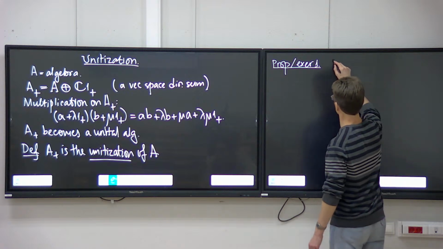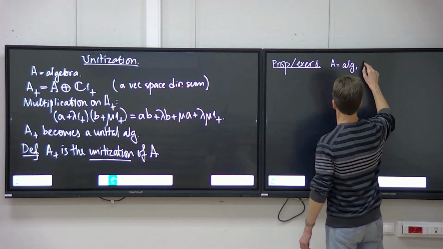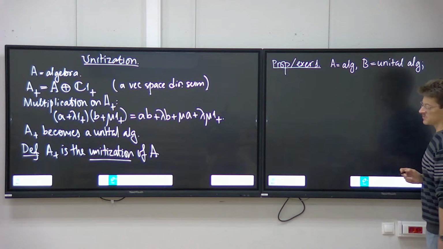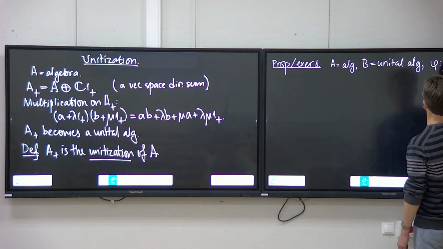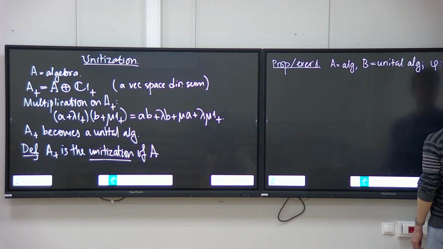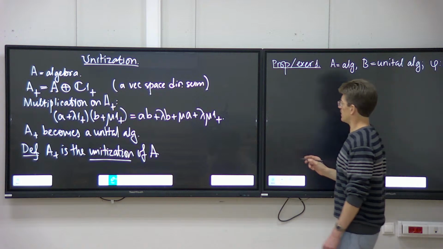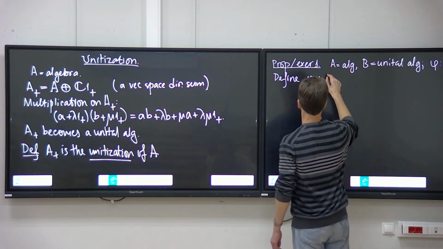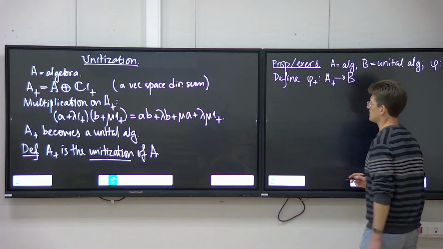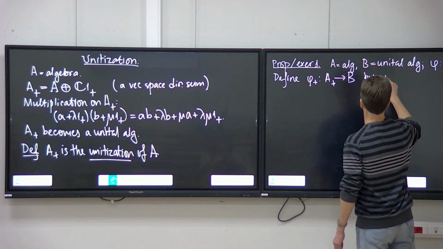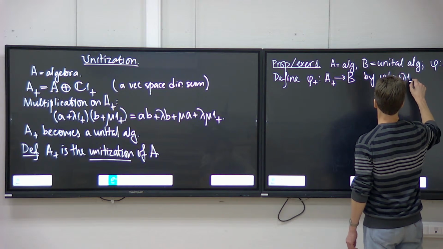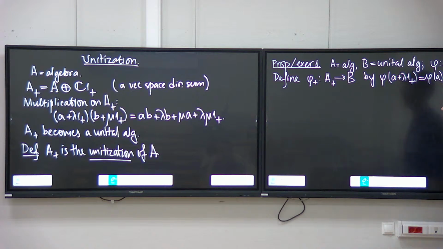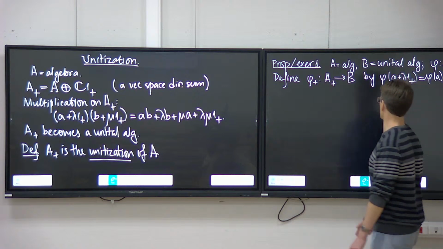If we have an algebra A and a unital algebra B, and suppose I have an algebra homomorphism phi from A to B. Let's define a new map phi plus, which acts from A plus to B, by the following formula: it takes a plus lambda 1 to phi of a plus lambda times the identity of B. This is phi plus.